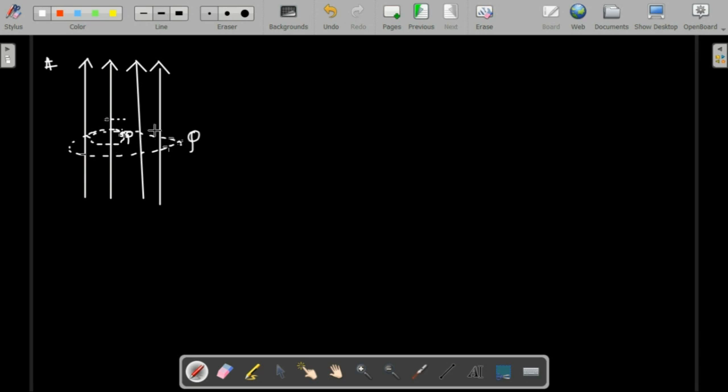Okay, I have to take an approach where I consider the current density. So this is I. Okay, and if you want to find out the current density, we should know this concept. Current density, we know J is equal to I divided by area.